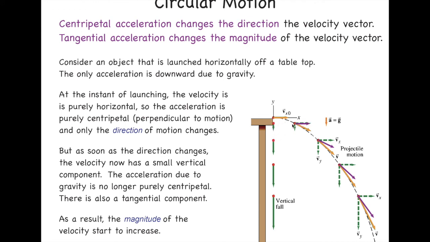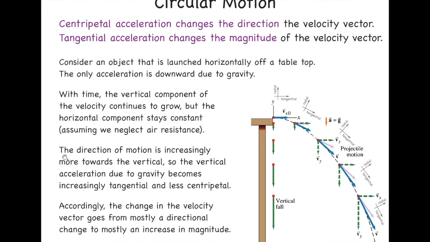So these purple arrows kind of indicate where it was the last time step. At the last time step, it was purely horizontal. At the next time step, it's now got a downward component. So the direction of motion is increasingly more and more towards the vertical.